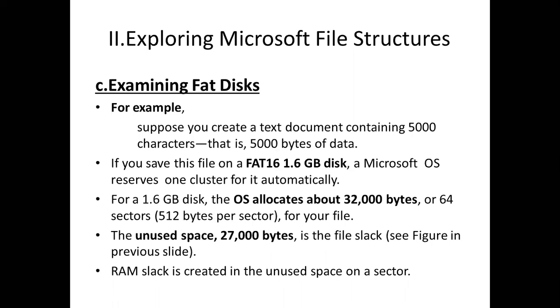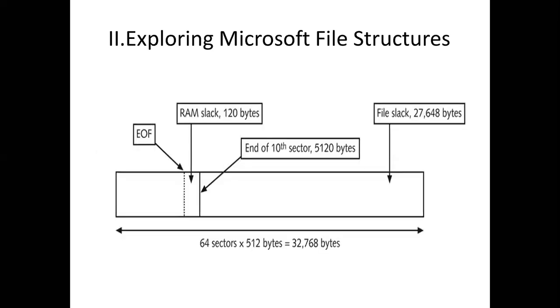How it does this is 64 into 512 bytes. It assumes 64 sectors for a particular cluster. So that cluster has a total of 32,768 bytes, out of which we are going to use only 5,000 bytes to save our text document. The remaining are free.